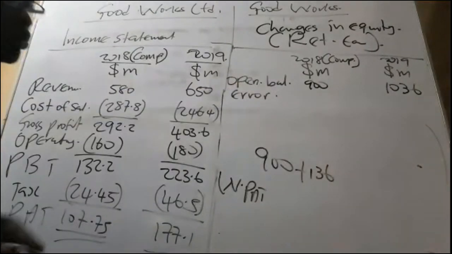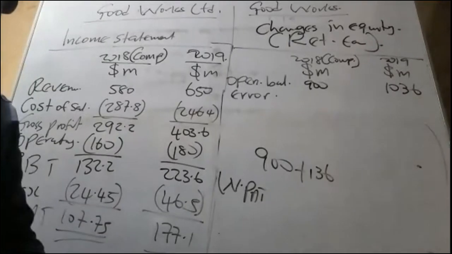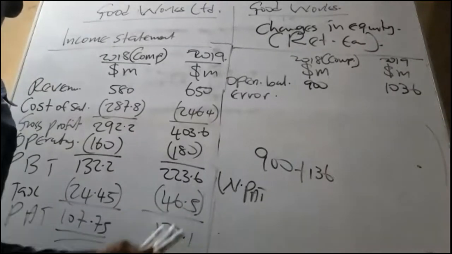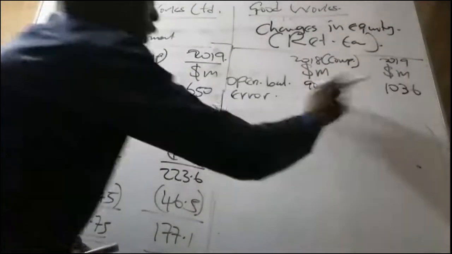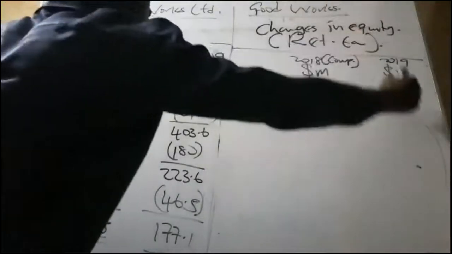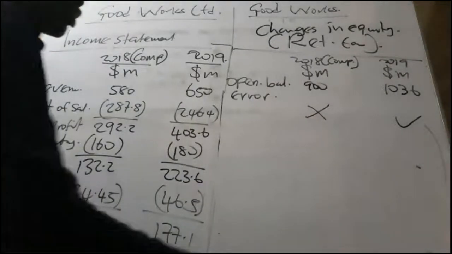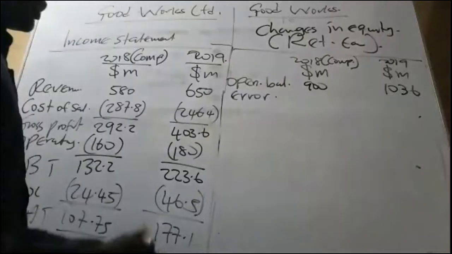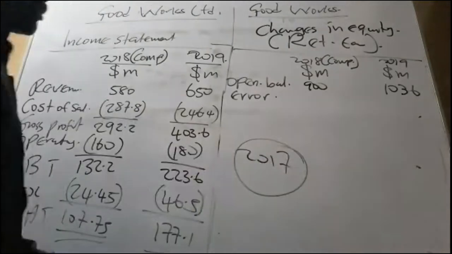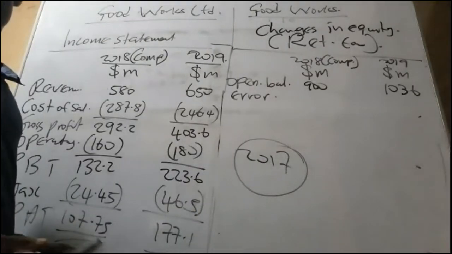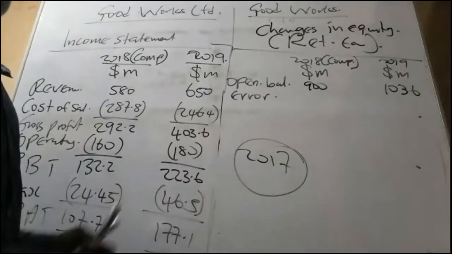Now right here, error. Of these two opening balances, which contains the error? Is it 2018 or 2019? In fact, the error is in 2019, not 2018. 2018 does not contain the error. Why? Because this one is the opening balance coming from 2017, and there's no mistake in 2017. No part of the question suggests that in 2017 they had a mistake which has been carried forward.